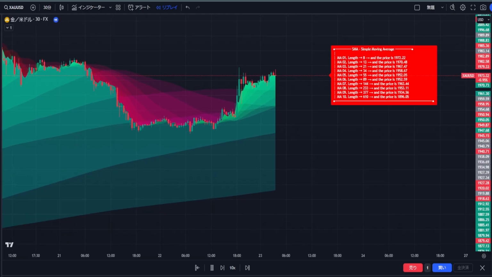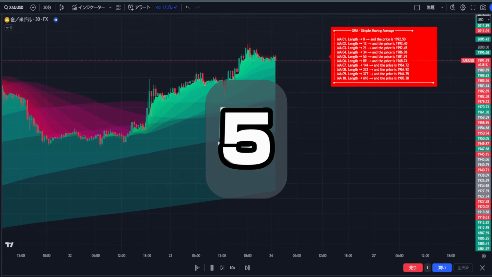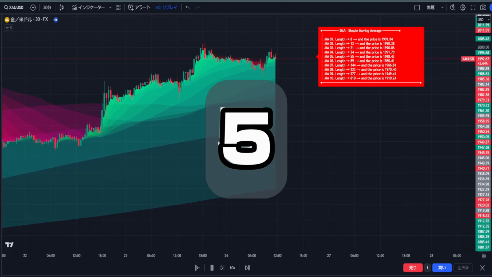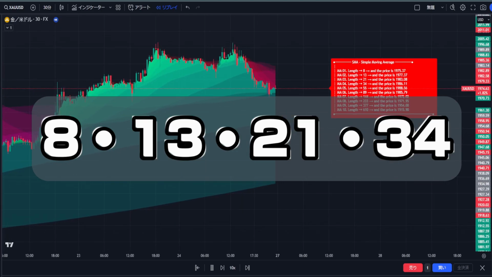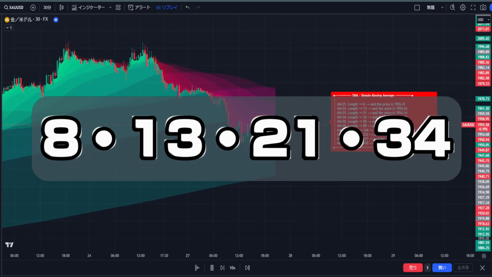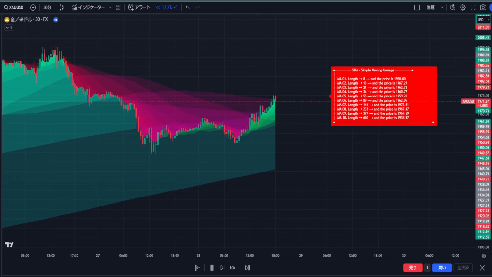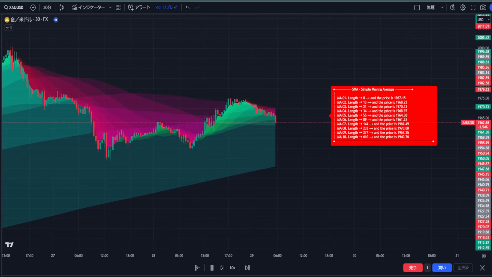By default, the Fibonacci sequence is selected, and the initial length of the moving average is set to 5. As a result, moving averages of lengths 8, 13, 21, 34, and so on are generated, with a maximum of 10 moving averages displayed. Furthermore, there are options available for customizing the color.